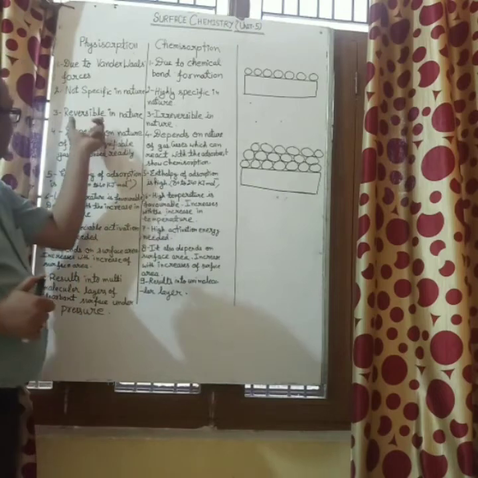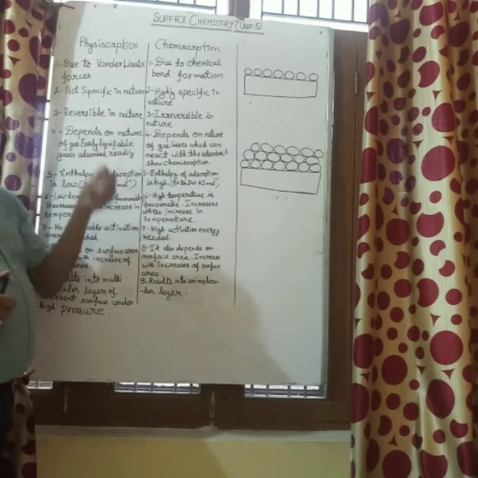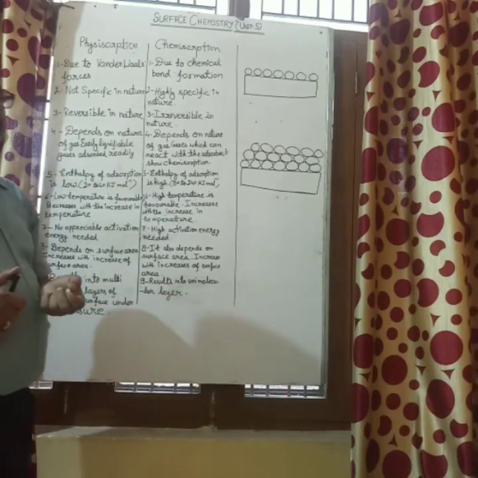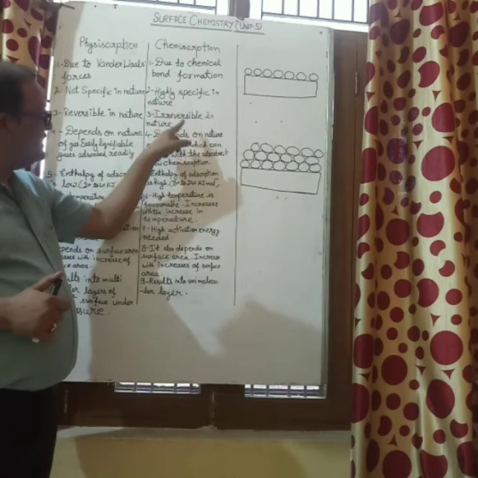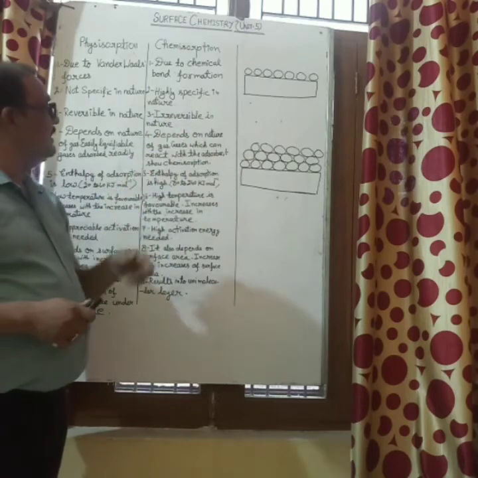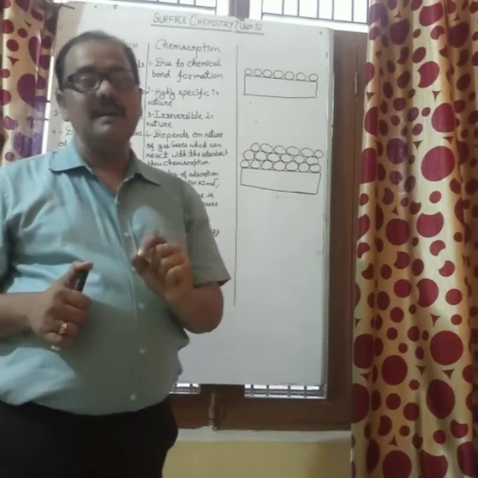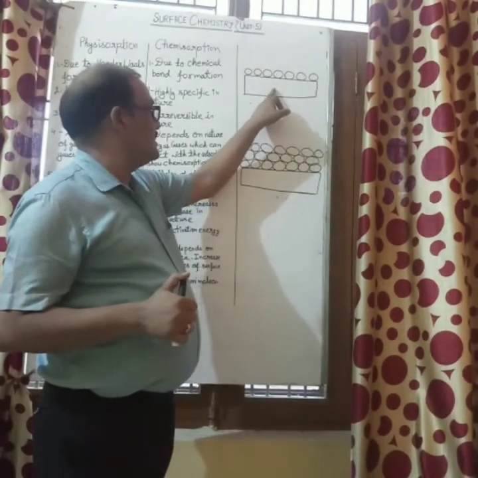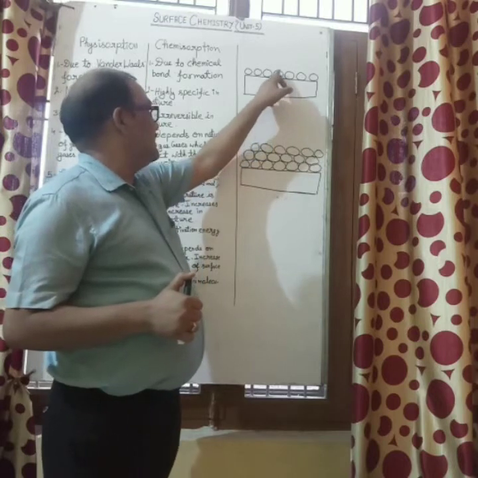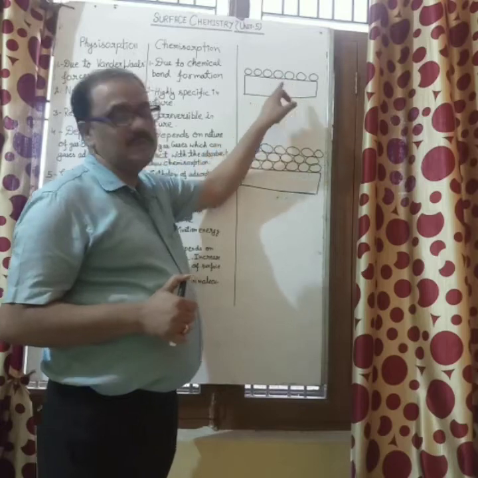And next is physisorption is reversible in nature, but chemisorption is irreversible in nature because of the formation of the chemical compound. For example, if the adsorbent is metal and the adsorbate is oxygen, then there is a formation of the metal oxide.